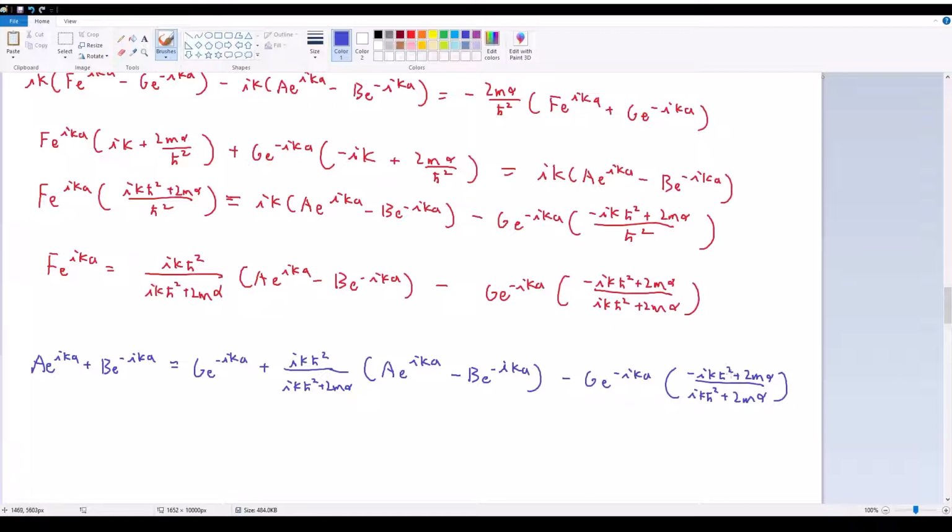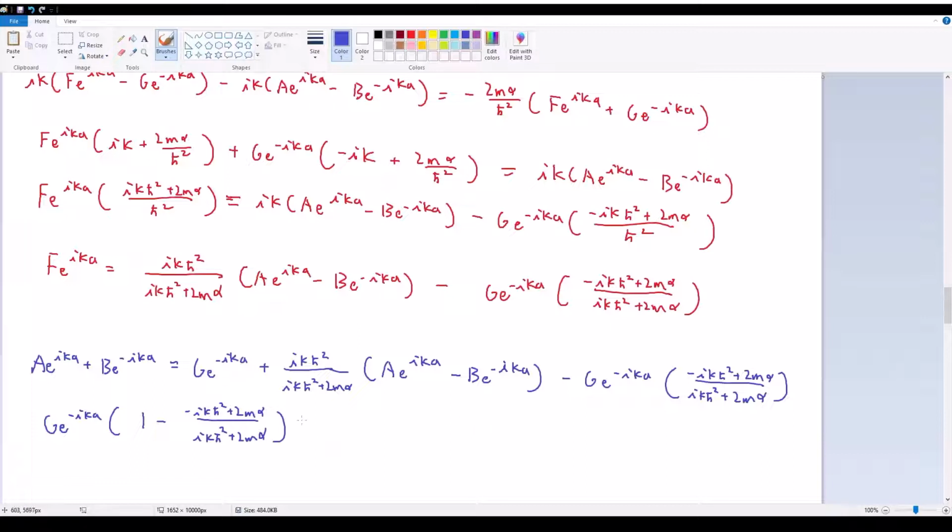And at this point, I can do a little bit of term combination once again. I get g e to the negative ika times 1 minus negative ik h bar squared plus 2m alpha over ik h bar squared plus 2m alpha. Is that correct? 1 minus that, yeah.